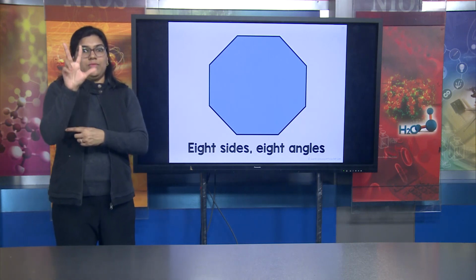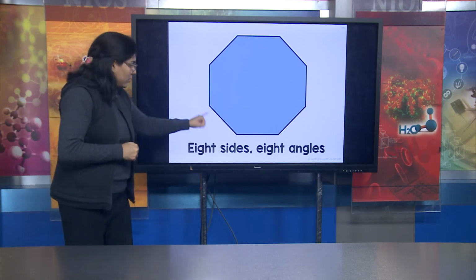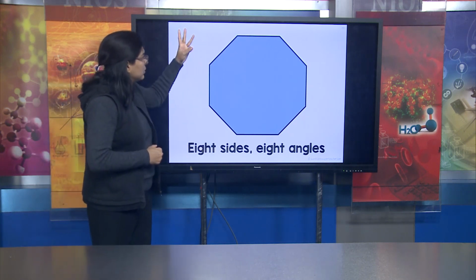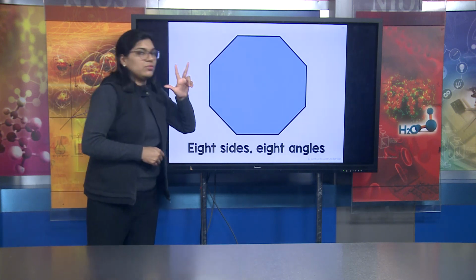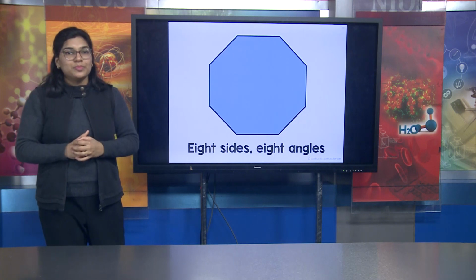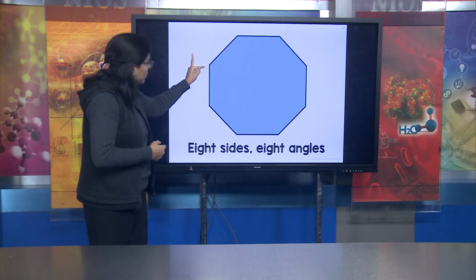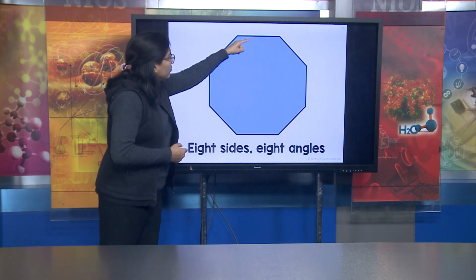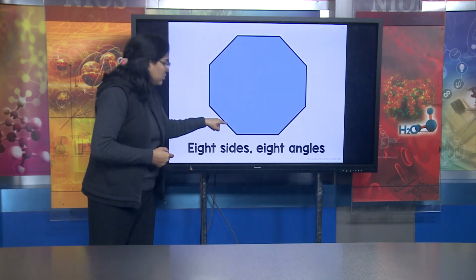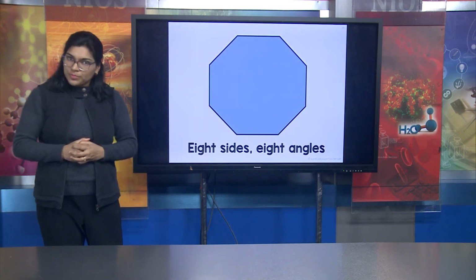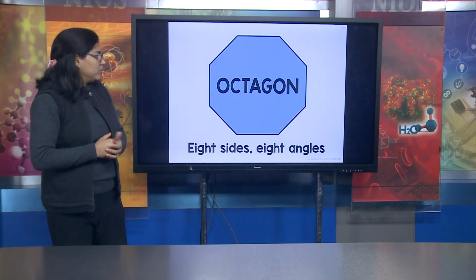Now there is one more line. It has 8 sides. See, first, second, third, fourth, fifth, sixth, seventh, eighth. So perfect, 8 sides plus how many angles? 1, 2, 3, 4, 5, 6, 7, 8. 8 angles. So what should be its name?